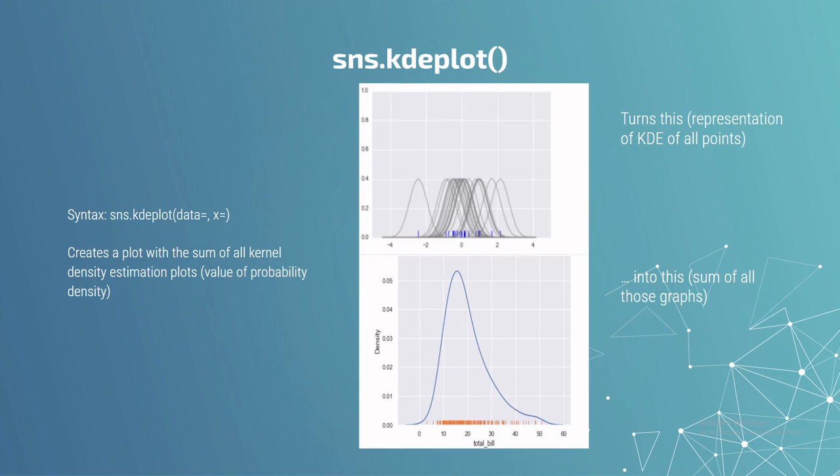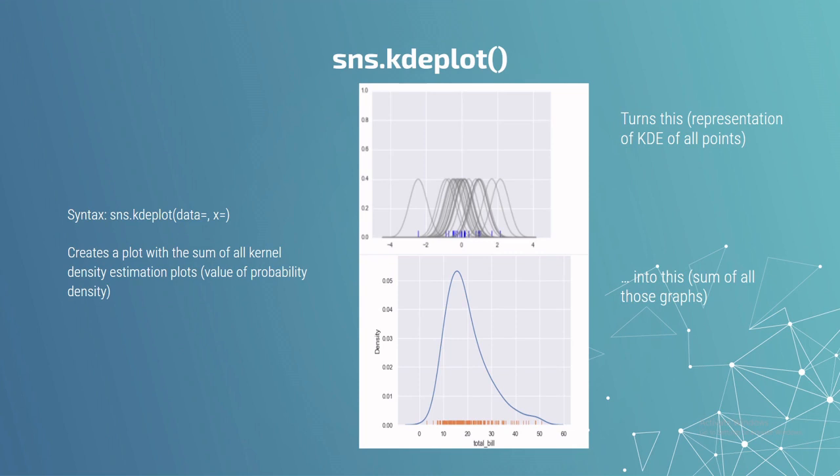Now the KDE plot actually adds up all the KDE, or kernel density estimation, plots to create a new plot. A kernel density estimation plot is a value of probability density, meaning it uses specific points and creates a standardized probability density graph. These are almost like mini bell curves, but being put onto each point.